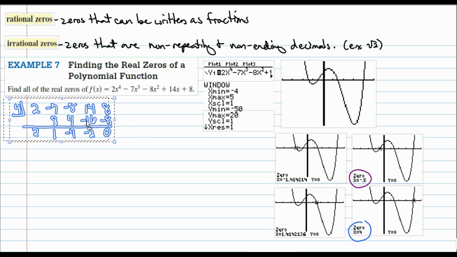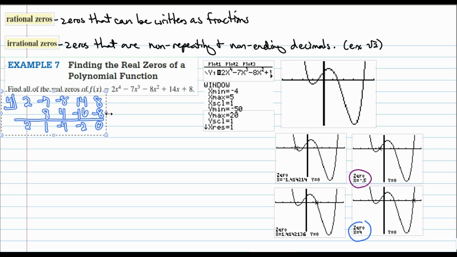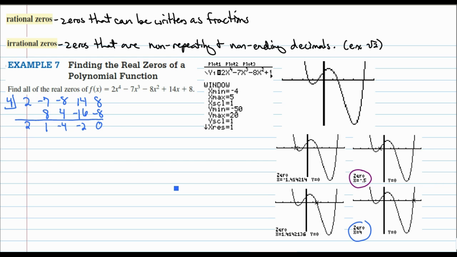The other part of this, what this means, is that you took the original function, 2x to the 4th minus 7x cubed minus 8x squared plus 14x plus 8, and you broke that function down into 2 parts. I need to see this breakdown off to the side of your synthetic division.